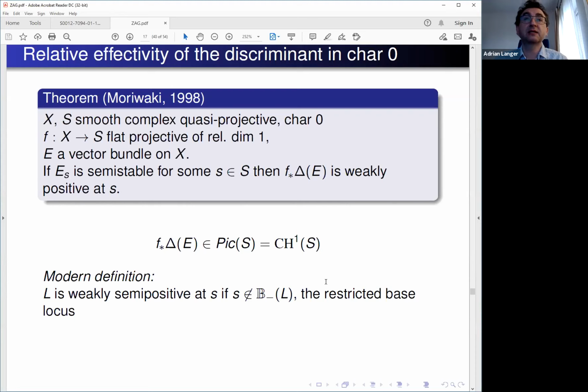Otherwise, one needs to go to the normalizations of all the irreducible components and assume that they are semi-stable and assume that the fiber is reduced. So let us simply stick to the case where the fiber is smooth.